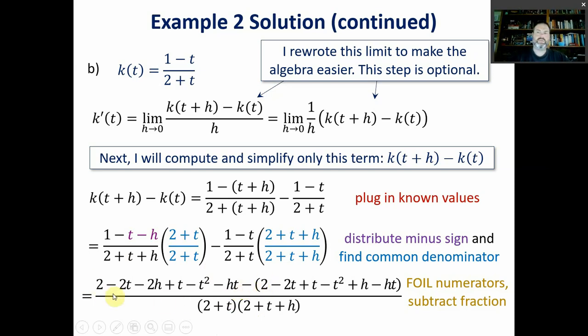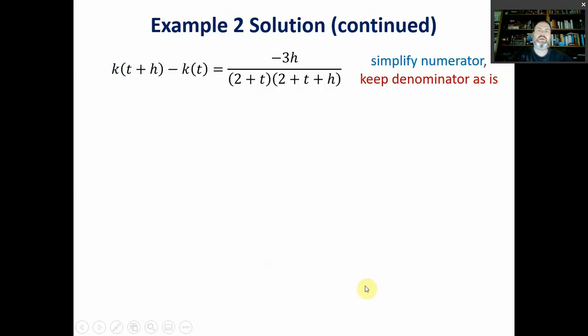That's 0. Here we have a minus 2t and a minus 2t. That's 0. The only thing that doesn't cancel is this minus 2h and this minus h. That becomes minus 3h. And our denominator stays exactly the same.